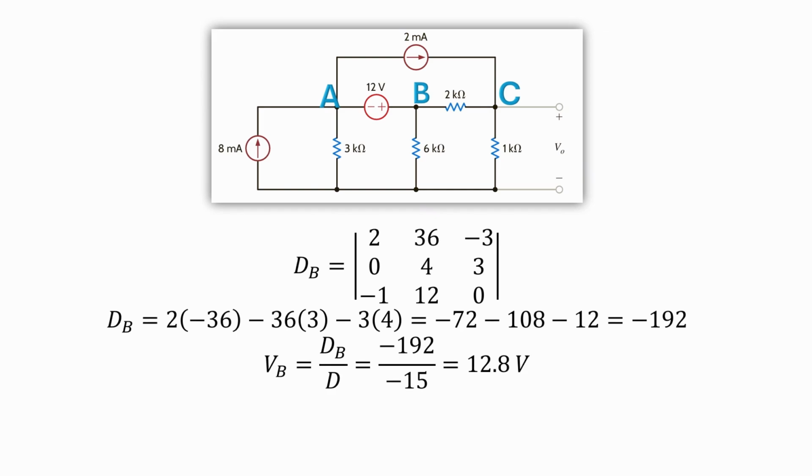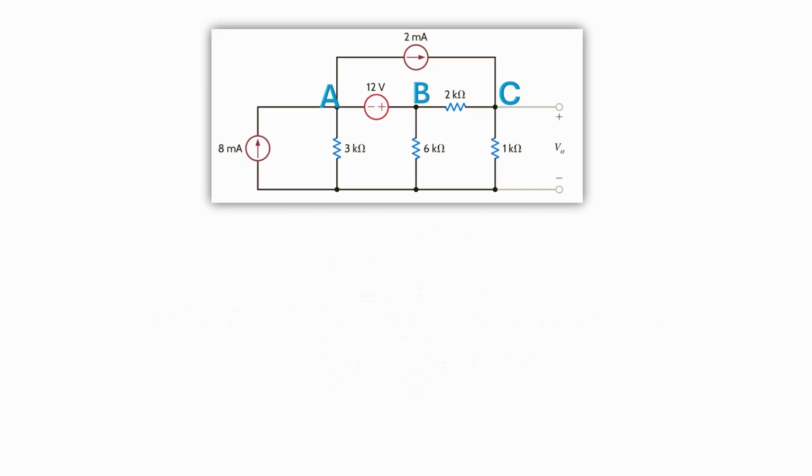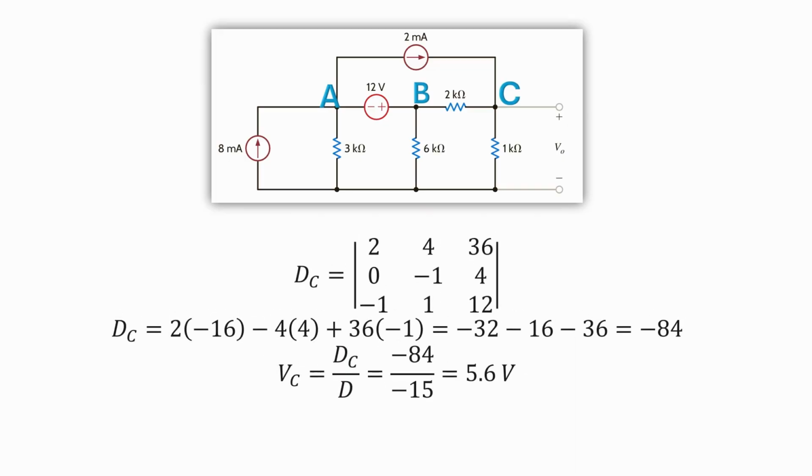When we do the same for node B, we see it has a much higher pressure of 12.8 volts. Finally, we find the value for node C, which comes out to 5.6 volts.